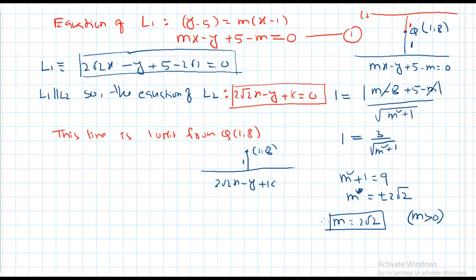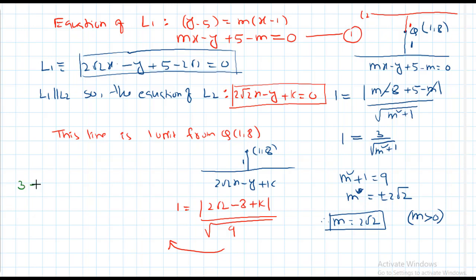1 is equal to modulus of 2 root 2 minus 8 plus k by root over, yeah, this is 8 plus 1, 9. This is 3, directly 3. So I want to write this side now. Okay.